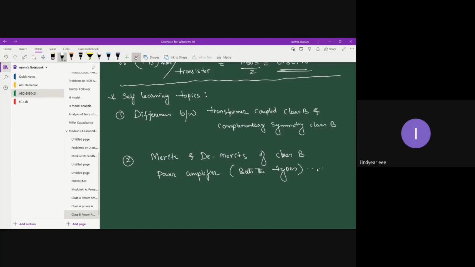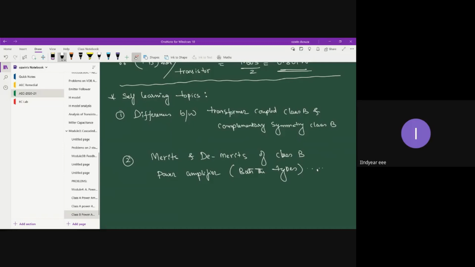On the other hand, the disadvantages could be, due to the presence of two transformers, one at the input side and one at the output side, the overall weight of the power amplifier circuit increases. So the circuit becomes less compact and more bulky, and the cost of the circuit will also be very high owing to the presence of the transformers.